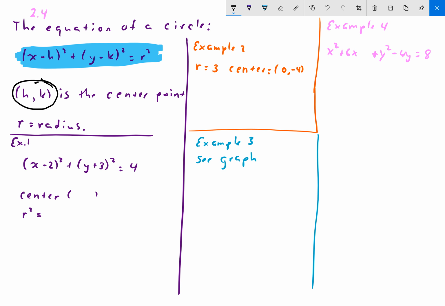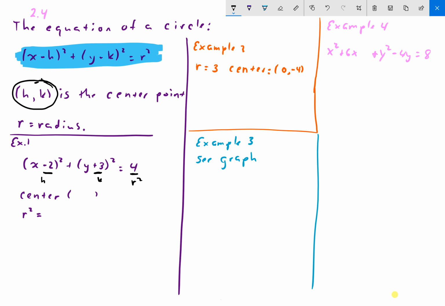Now, I'm going to do a couple quick examples, and I'm going to use some graphs to help illustrate this as well. So for example, here I have (x minus 2), that's my h, plus (y plus 3), that's my k, equals 4, and my 4 is my r squared.